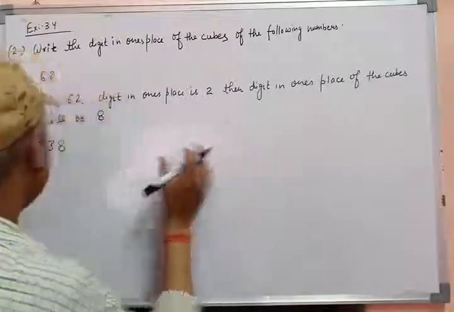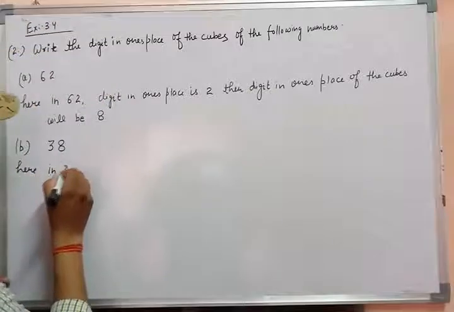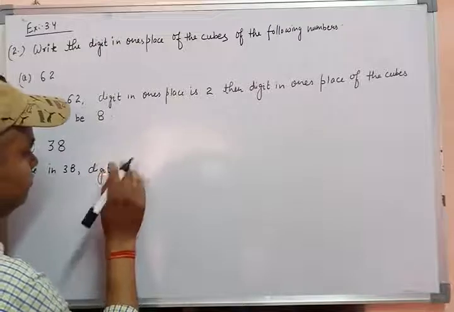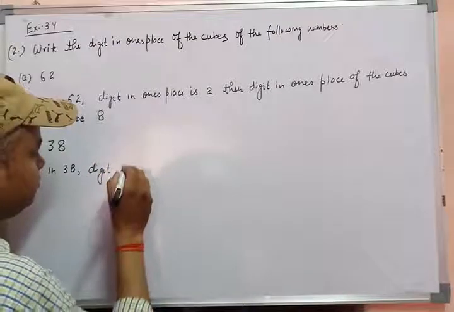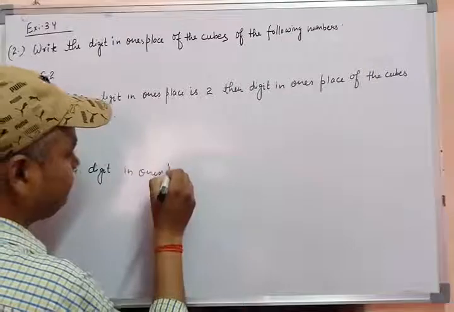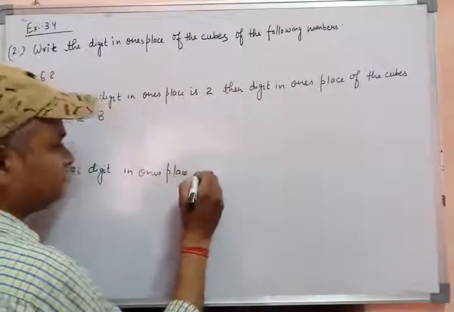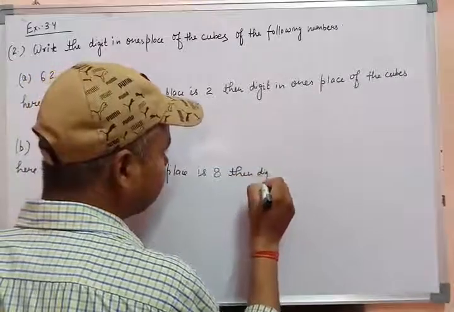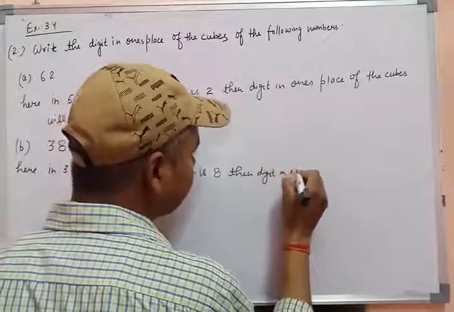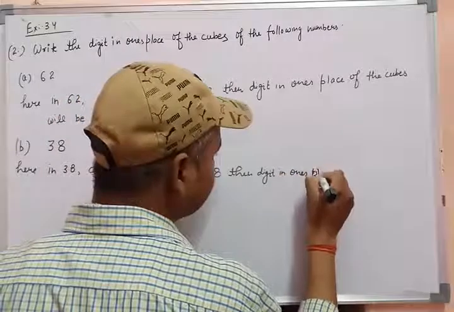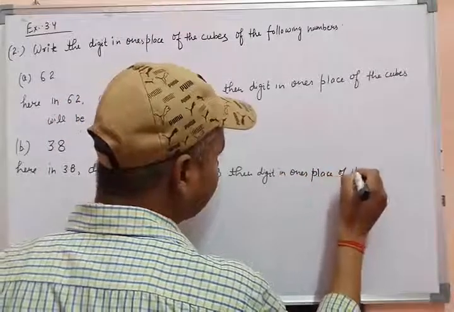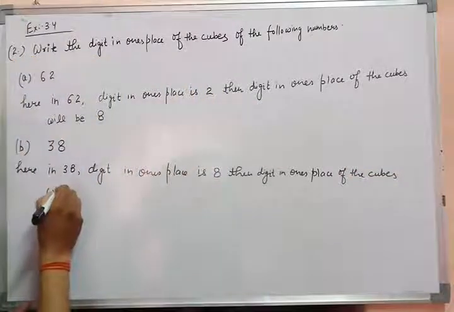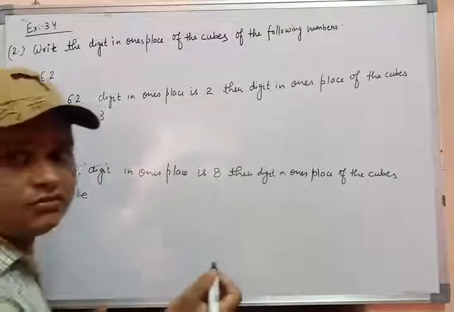Here in 38, the digit in ones place is 8, then the digit in ones place of the cube will be what?